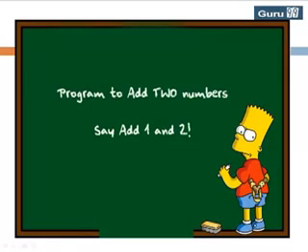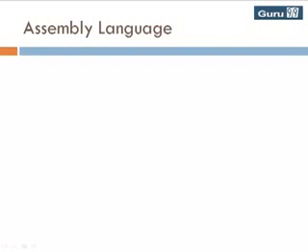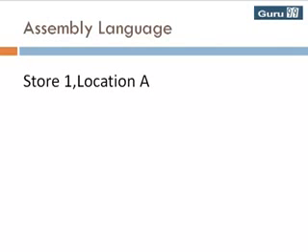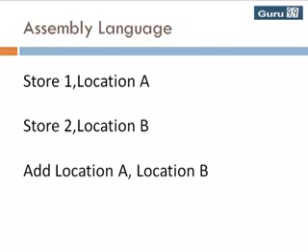Suppose you are asked to write a program to add two numbers, say add 1 with 2. Assembly language is the most elementary form of software development languages. Your code to add two numbers in this language would be like: store number 1 at memory location, say A, store number 2 at memory location, say B. Add contents of location A and B. Store results.